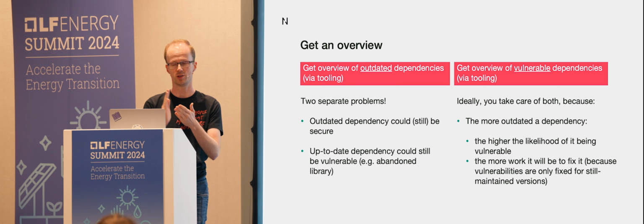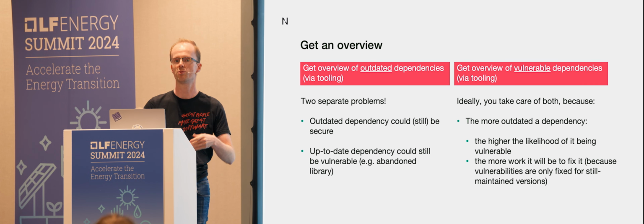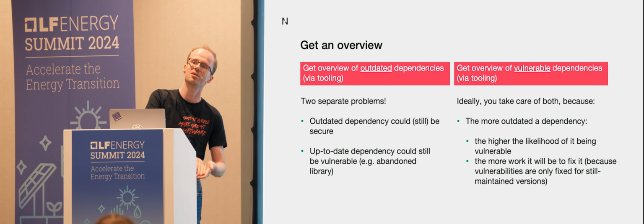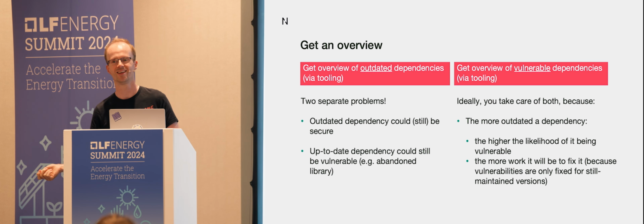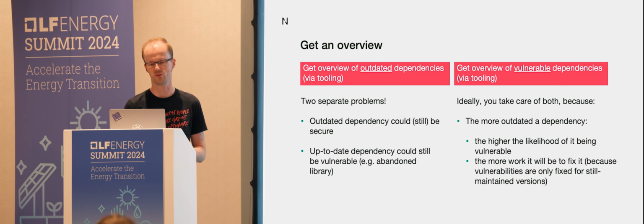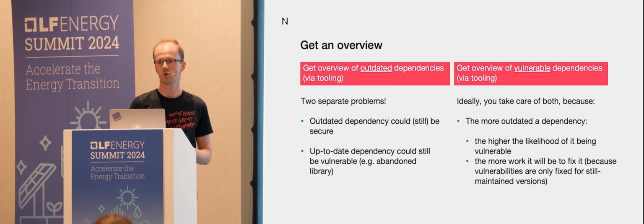Because if I'm very outdated, I use, let's say, a version 1.0 and there's already 3.0s available, and the security fix is only released for the 3 something line, and not for the 1 line that I am using, then I first have to get from 1 to 3 before I get this vulnerability fixed. And this is, again, involving more work and more risk.